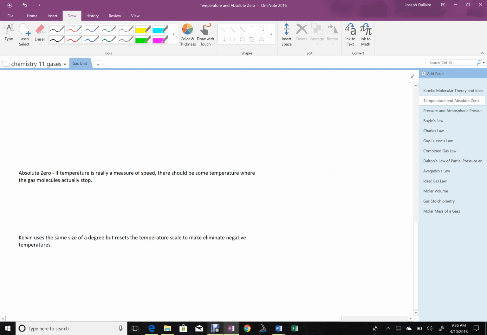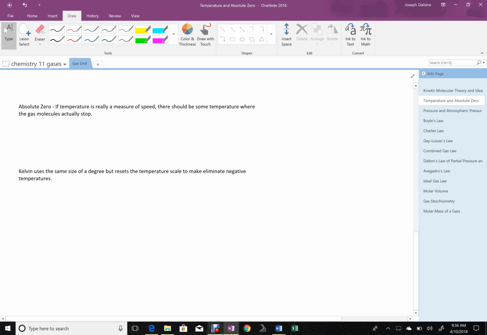If we think about this then, there's one interesting conclusion, and that is that if the particles are moving and that's what's creating temperature, then there should be some temperature at which the particles all stop.